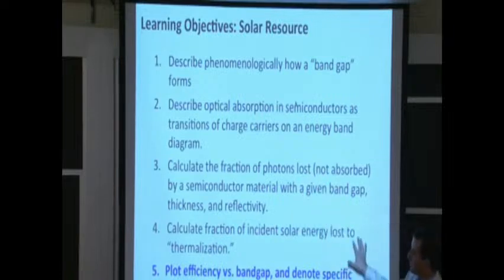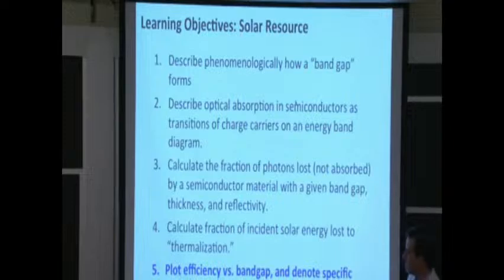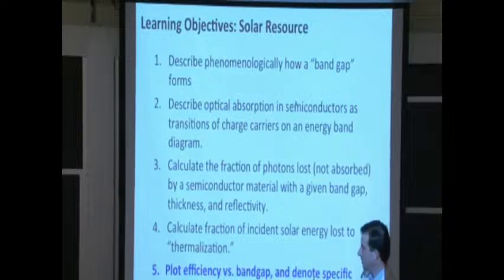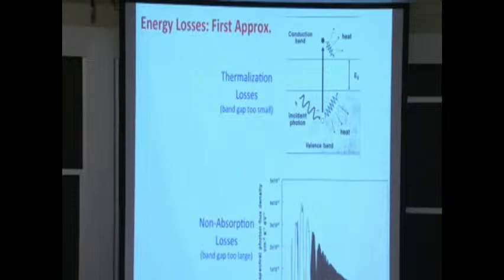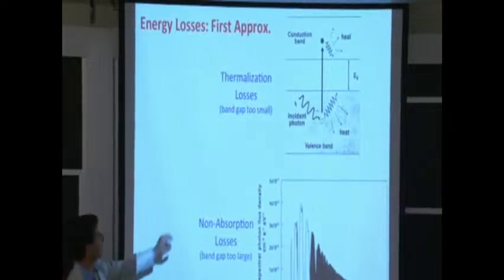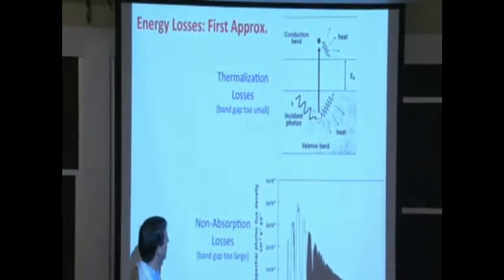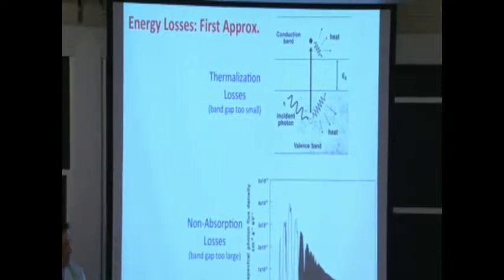And the fourth point right here, we intuitively understand now that if the photon comes in with more energy than the band gap, that excess energy is going to be lost due to thermalization. So now if we have the solar spectrum and we know the band gap of a semiconductor, we should be able to do a very cursory plot of the efficiency versus band gap energy. So we have thermalization losses where the band gap is too small, and non-absorption losses where the band gap is too large.